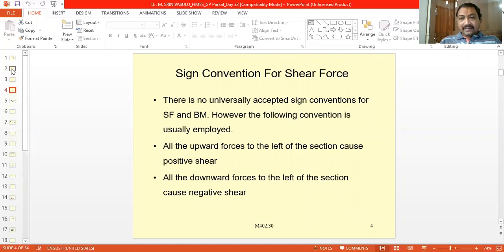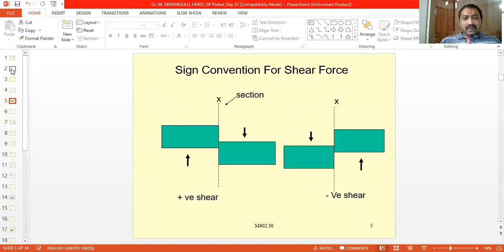Now in the last class we were discussing the sign convention for the shear force. If this is a section, and the force is acting downwards to the right of the section, it is considered to be positive.